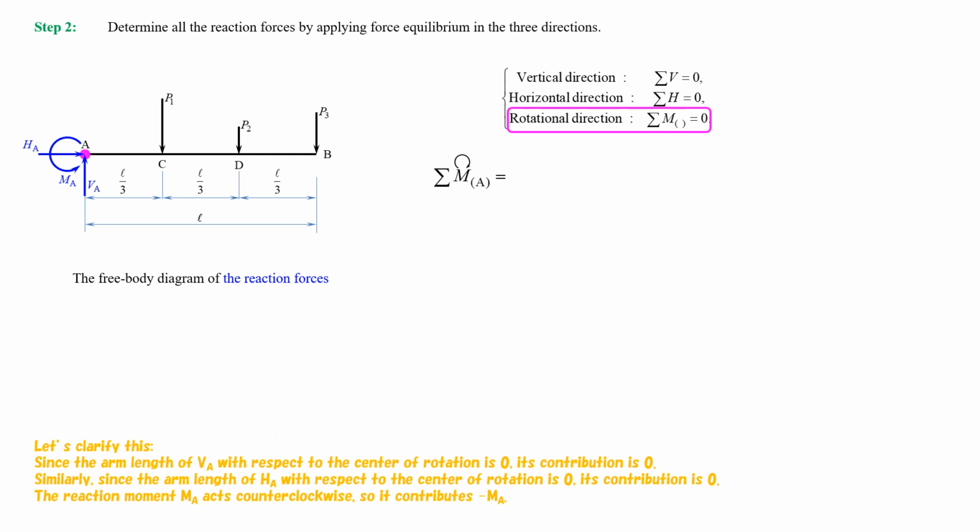Since the arm length of VA, with respect to the center of rotation, is 0, its contribution is 0. Similarly, since the arm length of HA, with respect to the center of rotation, is 0, its contribution is 0.